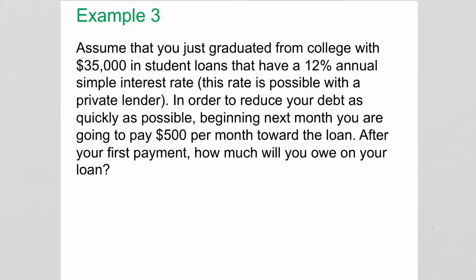Assume that you just graduated from college with $35,000 in student loans and have a 12% annual simple interest rate. In order to reduce your debt as quickly as possible beginning next month, you are going to pay $500 per month towards the loan. After your first payment, how much will you owe on the loan?